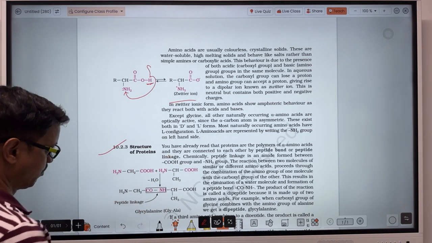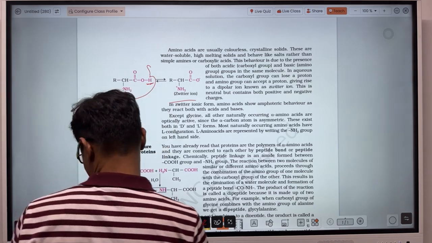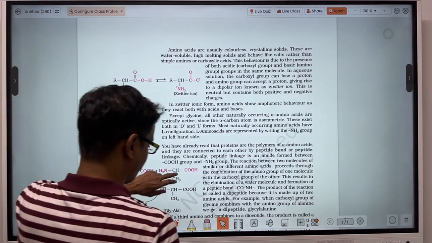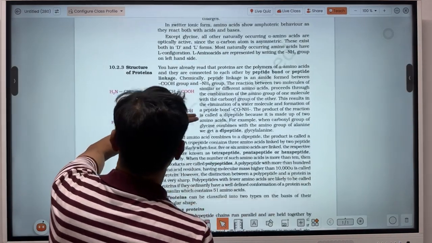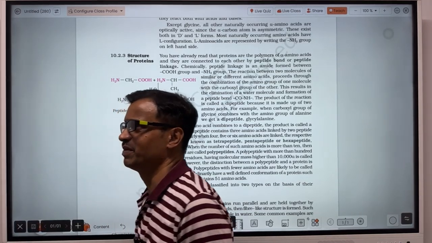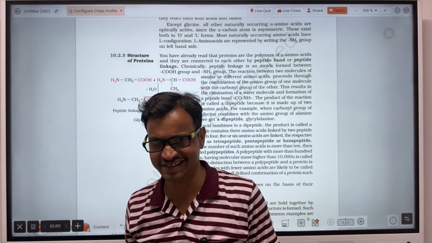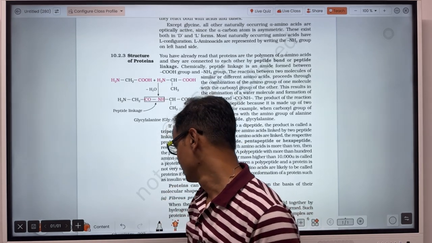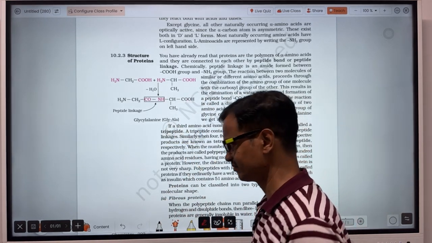Now let's see about the structure of protein. I reiterate that protein is actually a polymer of amino acids; polymerization takes place. So let's see.